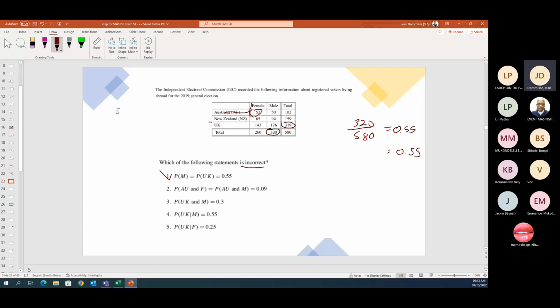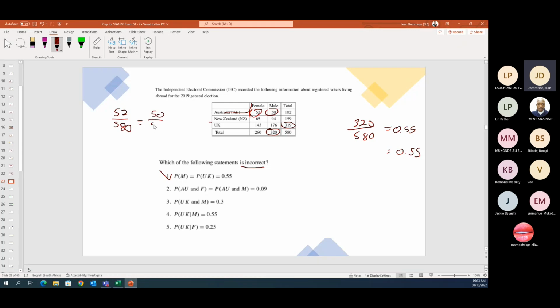So it will be the 52 divided by 580. And they say that is exactly the same as Australia and male. Ugh, the numbers are so close.